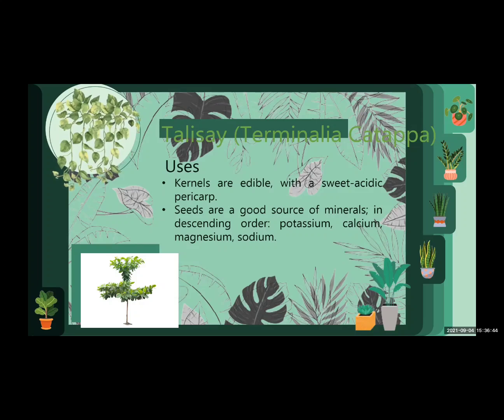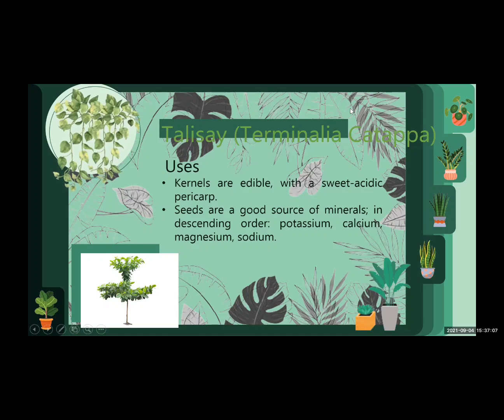So the uses: kernels are edible with a sweet acidic pericarp. Seeds are a good source of minerals in descending order: potassium, calcium, magnesium, and sodium. So ang iyang bunga kibali niya kay makaon man na siya.